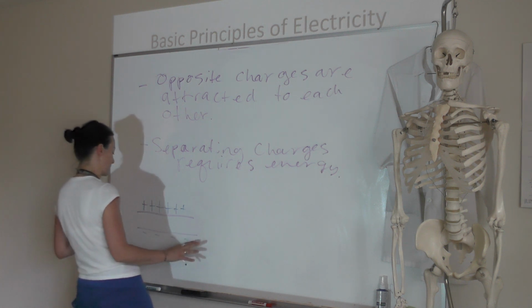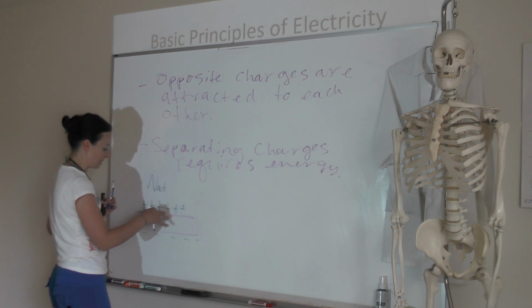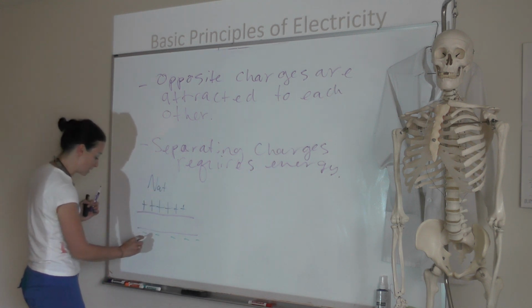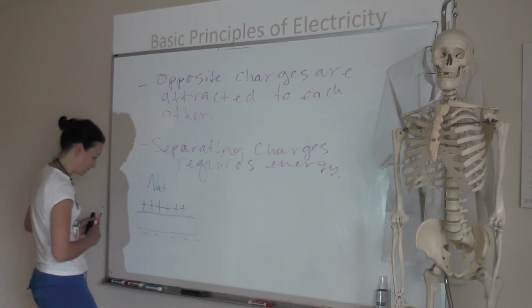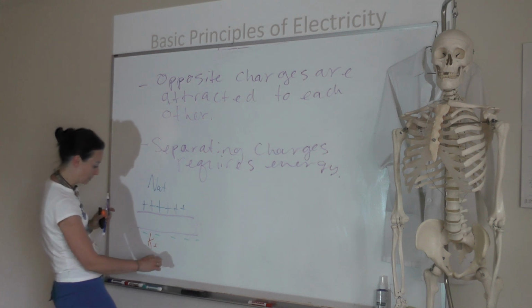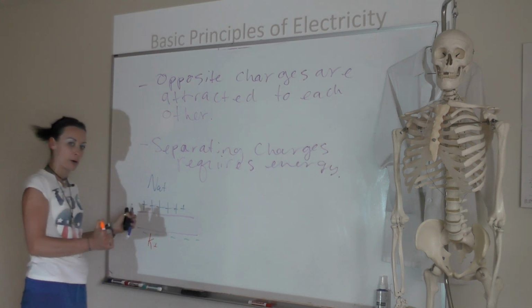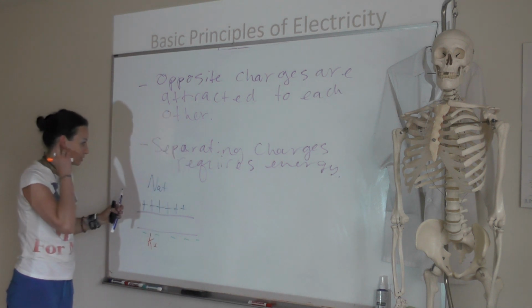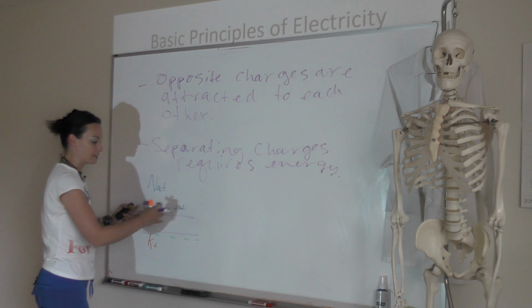They hang out near the plasma membrane, and so sodium on the outside is attracted to this. Potassium on the inside is also attracted to this negative charge because positive charges want to be next to opposite charges. So right here at the plasma membrane, we have a system where we've created potential energy. Why? Because separating these charges requires energy.